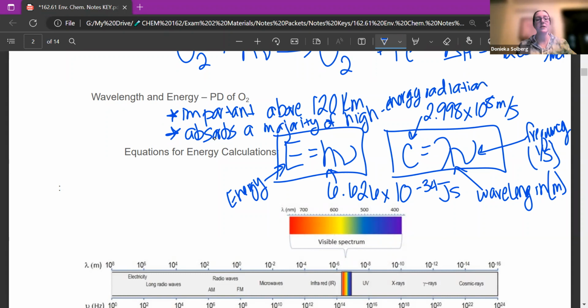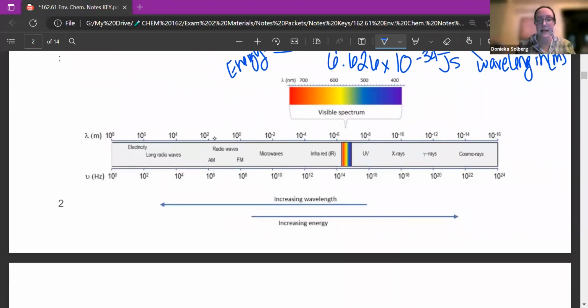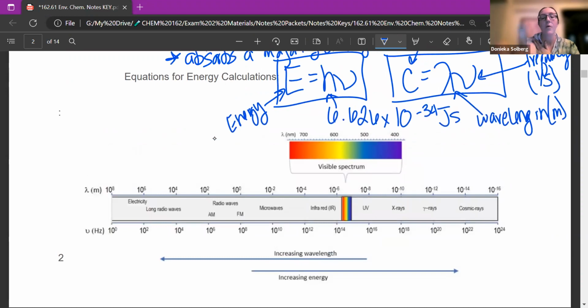Okay, so we've got these reactions happening, and we can actually calculate the amount of energy associated with these. So below here, I have the electromagnetic spectrum, also something you don't have to have memorized. There's a couple things that I want you to notice, though, okay? And we're going to look at these equations as well while we do this.